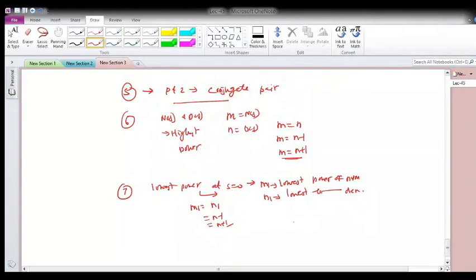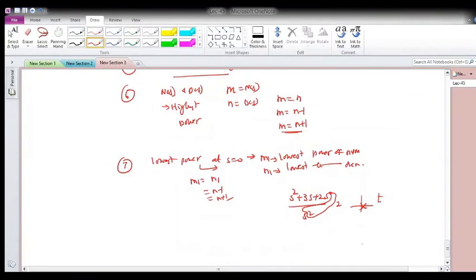Why is it? Because otherwise there will be multiple poles. For example, s square plus 3s plus 2: here s square over s raised to 0, this is 2, so there is a difference of 2. It means that 2 poles are lying on the origin, and if I take the inverse, it will become t, and obviously the output will be unbounded. So this is the 7th property.